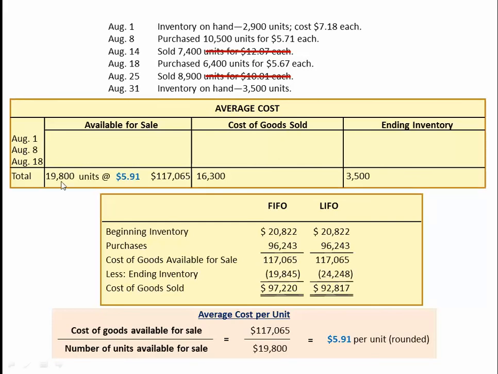So the good check there is 19.8 times 5.91 equals 117. 16.3 times 5.91 is your cost of goods sold, which is 96, and 3,500 times 5.91 is your ending balance inventory of 20,693. Stack that up to each other.